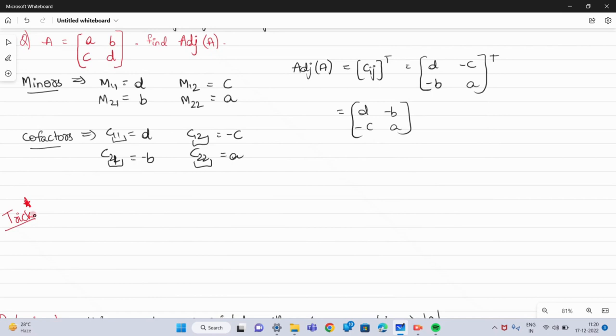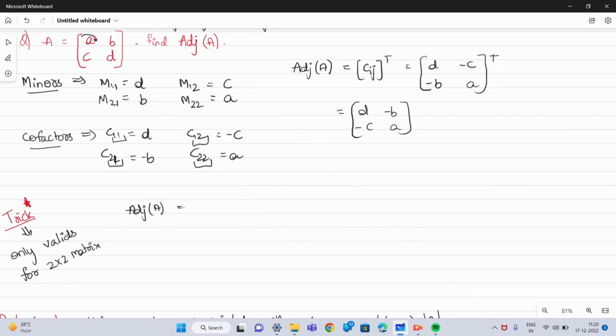There is a trick to find the adjoint of a matrix A, but this trick is only valid for a 2 cross 2 square matrix. Let's take the above example, a matrix A, B, C, D, and we need to find the adjoint of it.